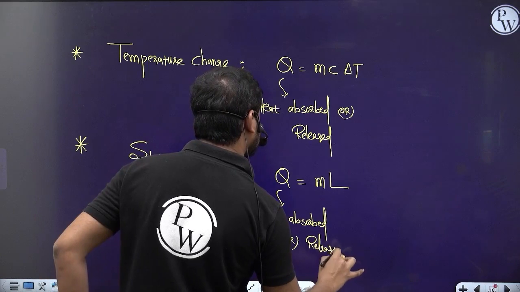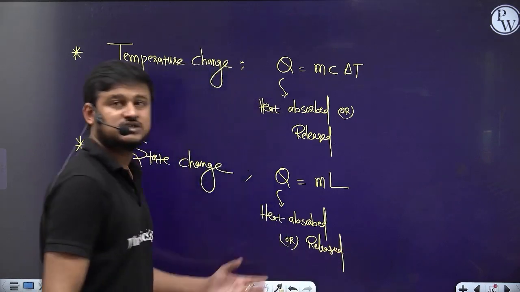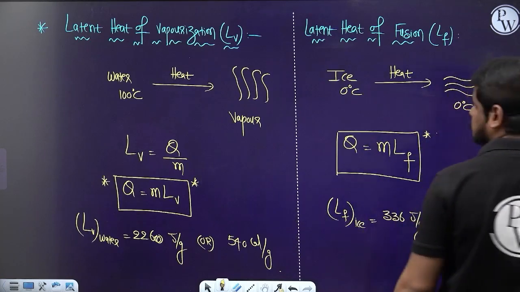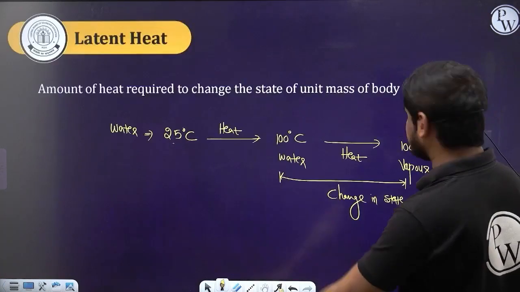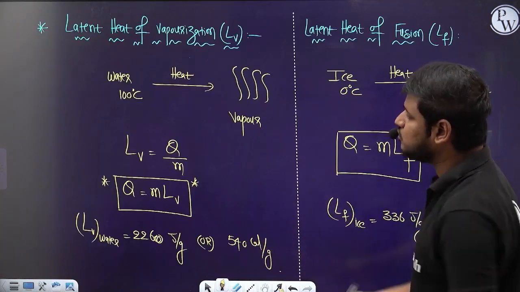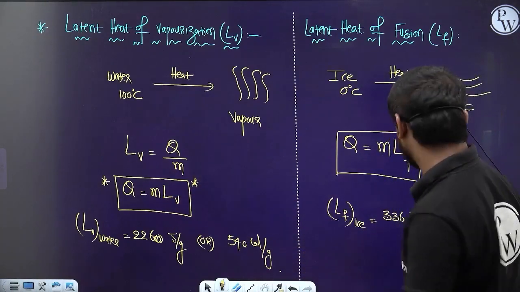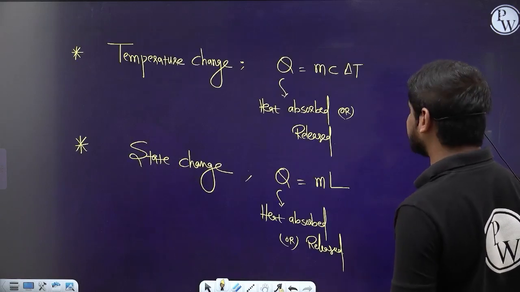Clear guys? Understood the concept? Done? So now based on this we have to solve the questions. So you understood what is latent heat and how we write the latent heat absorbed or released in the case of fusion and in the case of vaporization.